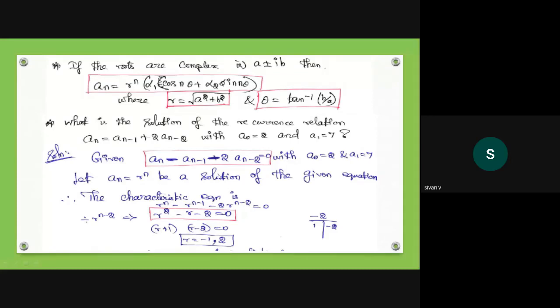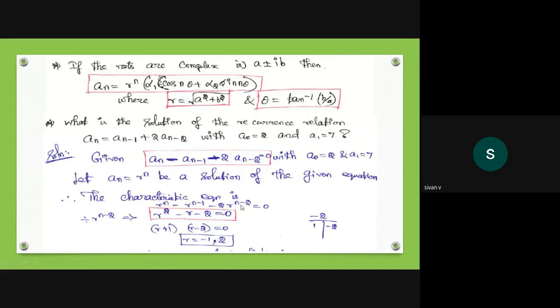Where an is replaced by r power n, r power n is the solution of the given equation. Therefore, the characteristic equation is r power n minus r power n minus 1 minus 2 r power n minus 2 equal to 0. Take r power n minus 2 outside, or divide by r power n minus 2.